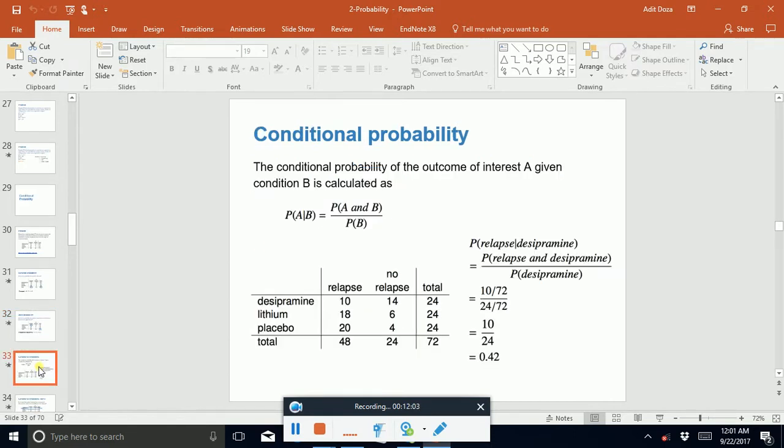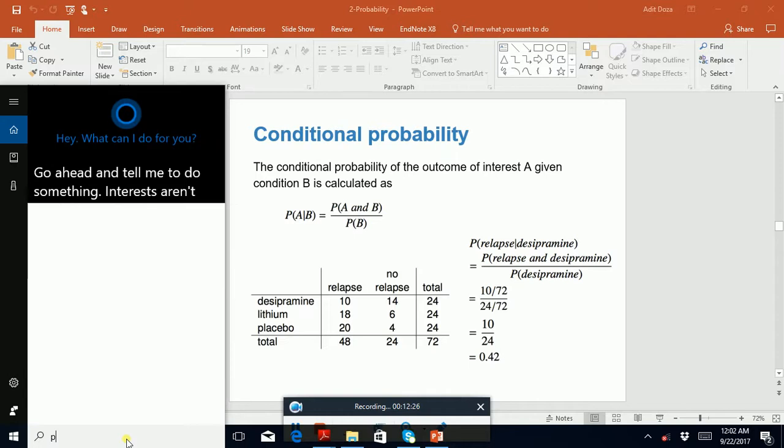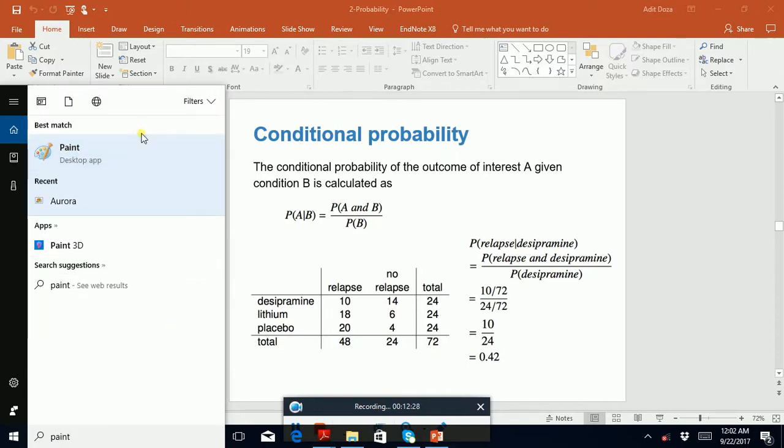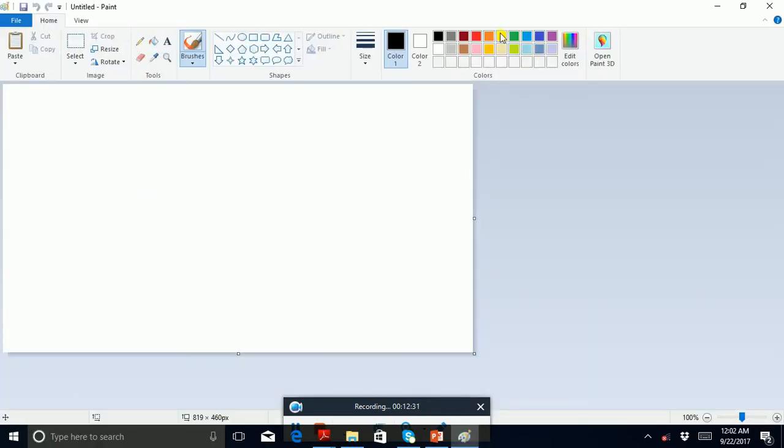And the conditional probability of the outcome of interest A given condition B is calculated as this: P(A and B) divided by the probability of B. So this is the formula. Whenever we write P(A|B), it's P(A and B) over P(B), right? So let's do another example. Like I always like to use my own examples.